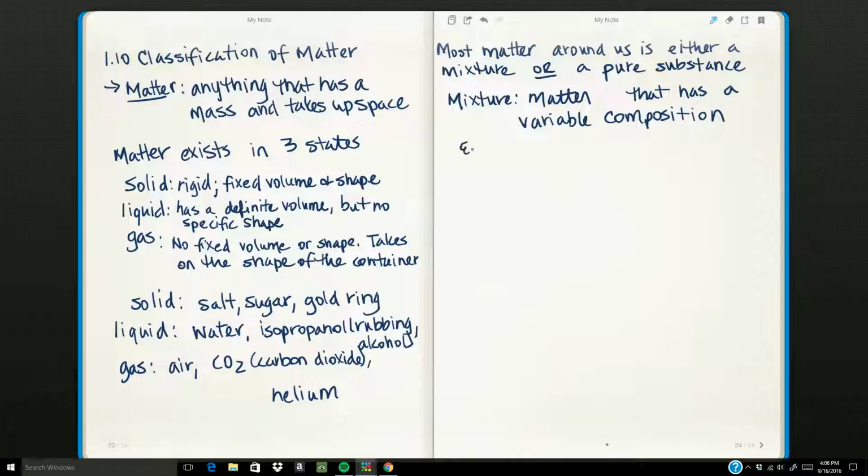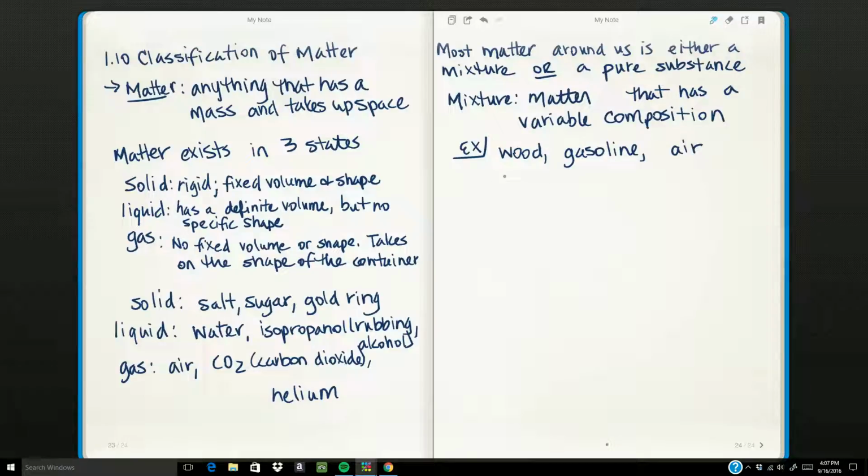So examples of mixtures are things like wood, gasoline, air.